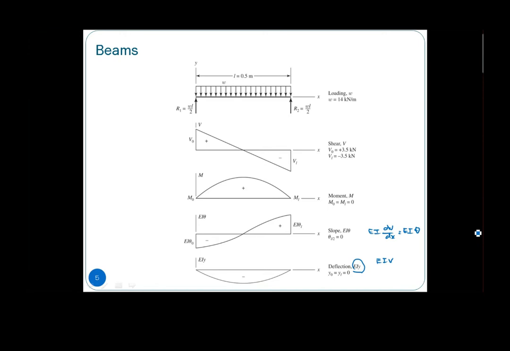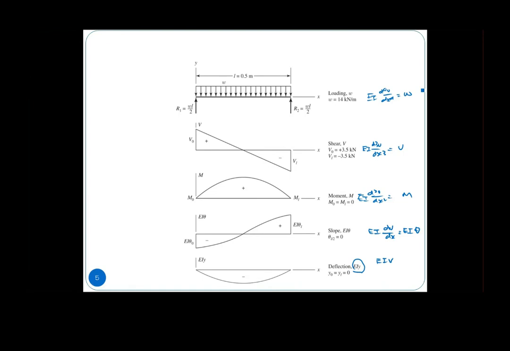If I differentiate further, I have my moment, EI d2v/dx squared. Another differentiation, EI d3v/dx cubed, gives my shear. Then EI d4v/dx to the power 4 equals the load itself.